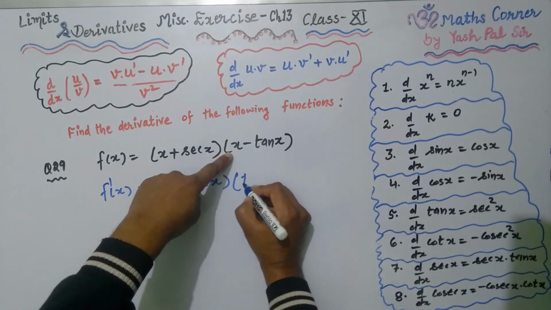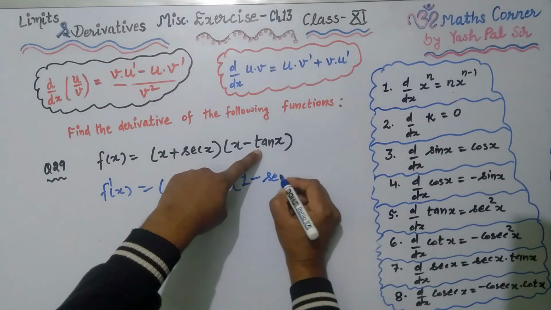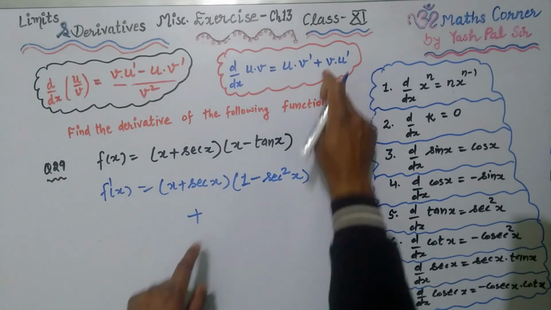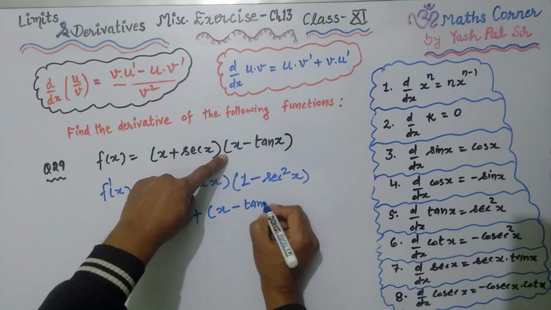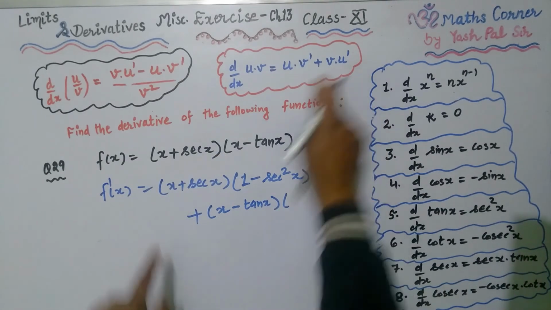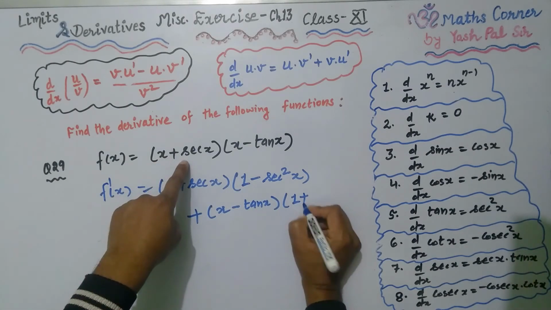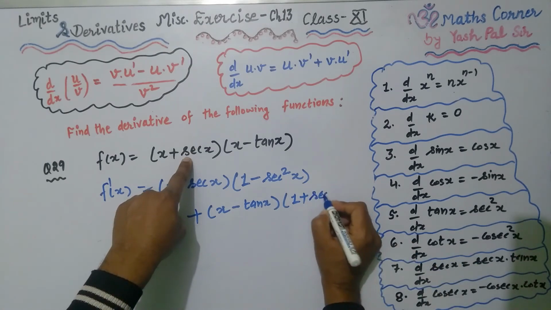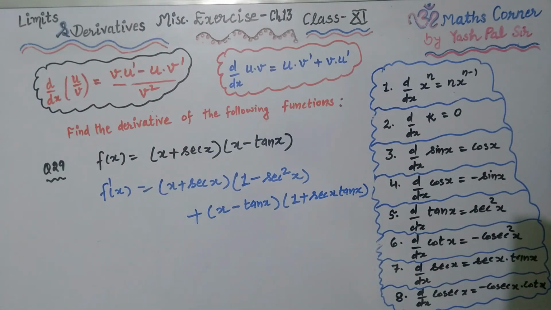Derivative of x is 1 minus derivative of tan x is sec squared x, plus sign, v, this bracket (x minus tan x), into u', its derivative. x derivative is 1 plus sec x derivative is sec x into tan x. Okay, so this was question number 29.